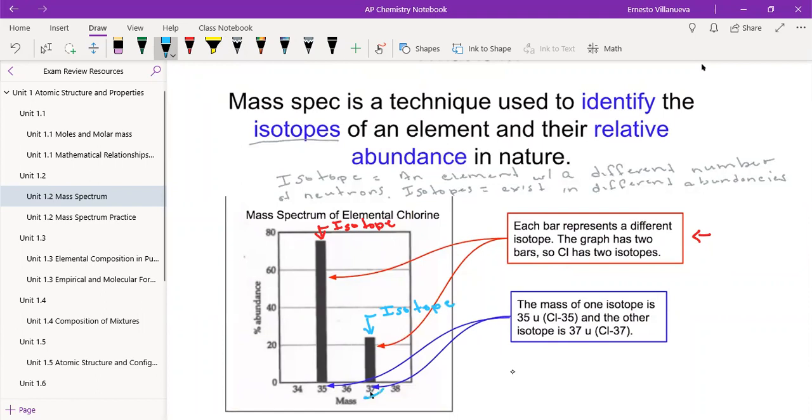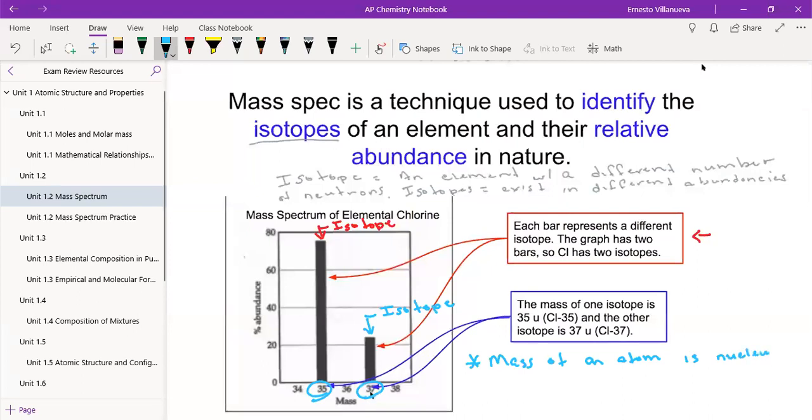Now, across the bottom, you're going to see a number there, 35 and 37. That means that one isotope has a mass of 35 atomic units or grams per mole, and the other one has a 37. Remember, isotopes have a different number of neutrons, and since most of the mass of an atom is in the nucleus, a different number of neutrons is going to have an effect on the molar mass or on the atomic mass.